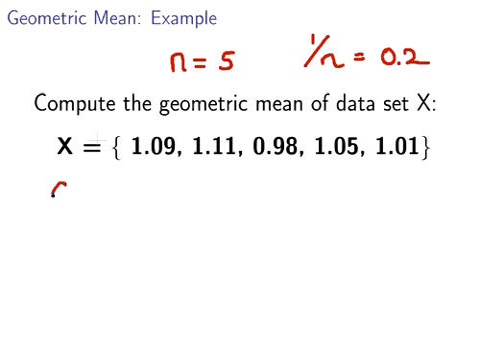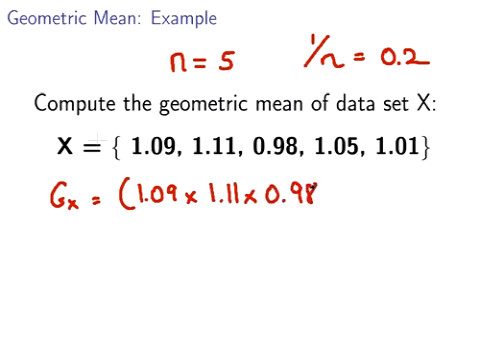So the geometric mean, g of x, equals 1.09 times 1.11 times 0.98 times 1.05 times 1.01, all to the power of 0.2. I'm going to compute it to 4 decimal places.